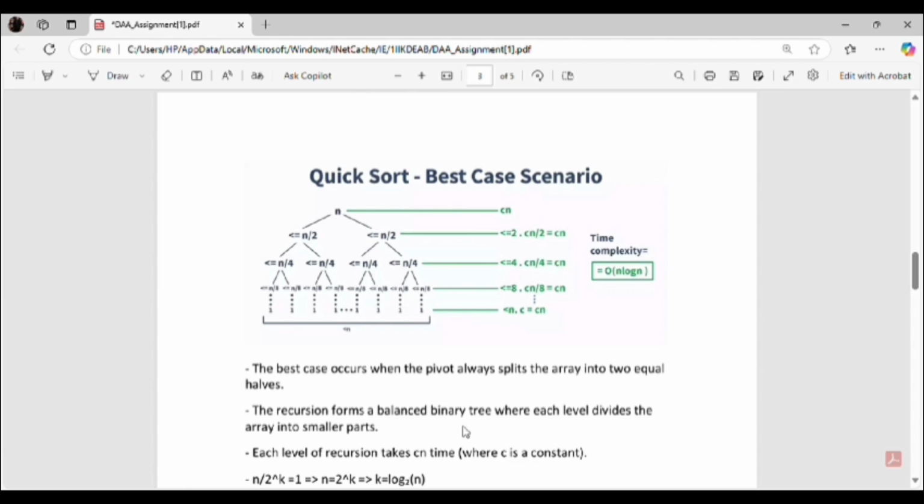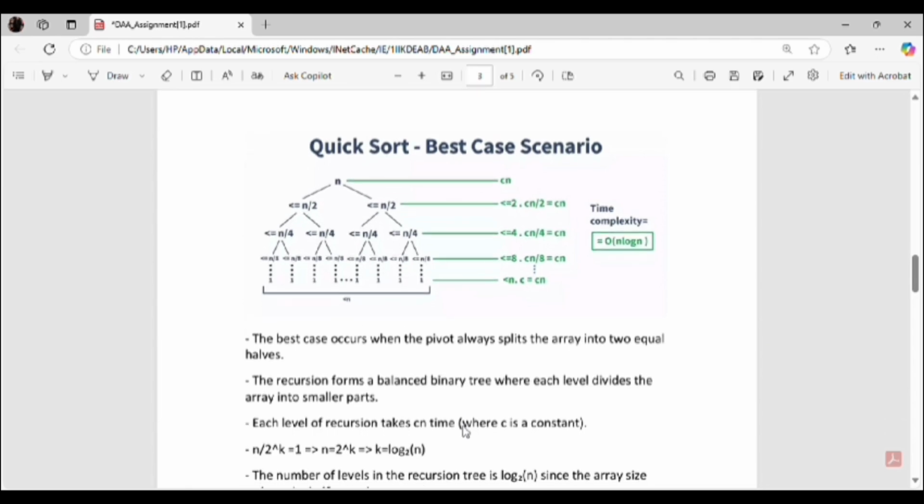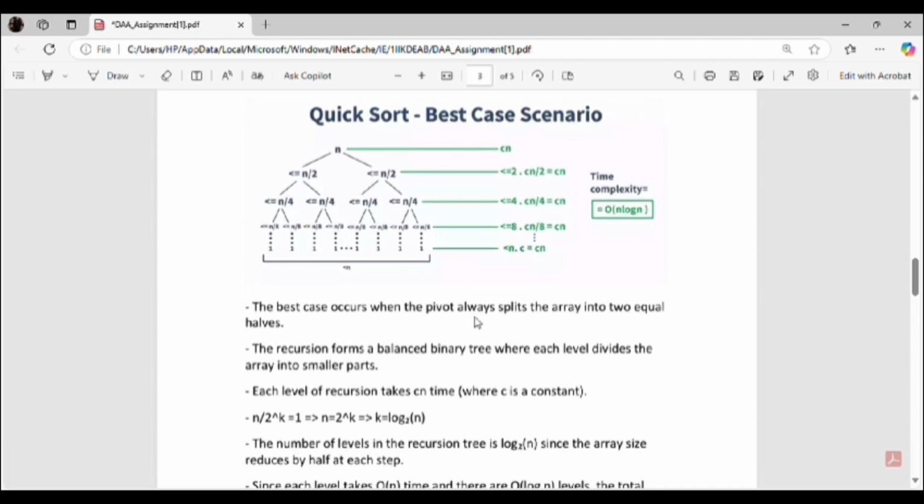Coming to the best case scenario of the quicksort. The best case scenario of a quicksort occurs when the pivot always splits the array into two equal halves. That is, the recursion forms a balanced binary tree where each level divides the array into smaller parts, that is half of each array. Each level of recursion takes cn time, where c is a constant.